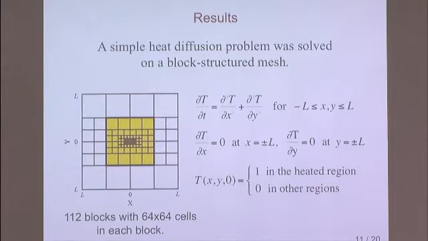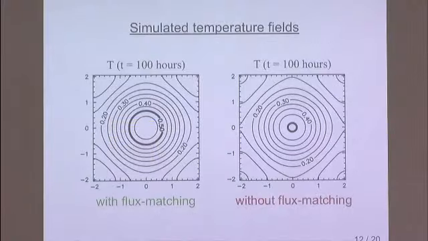First, as the initial condition, I heat the middle of the domain and calculate the heat conduction process. These figures show the simulated temperature field after 100 hours of integration.